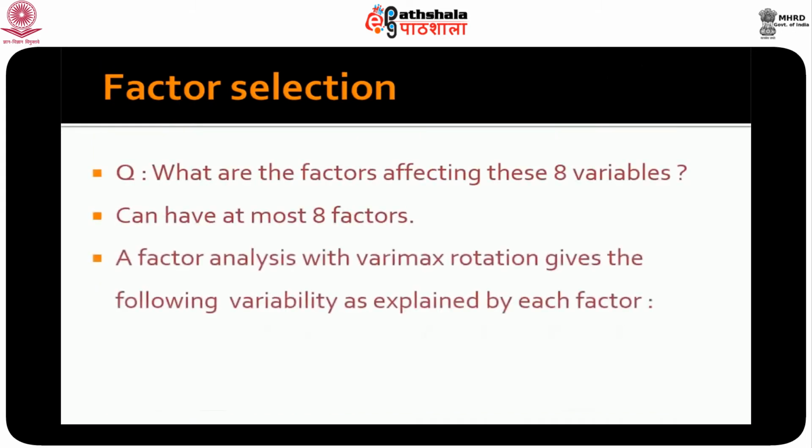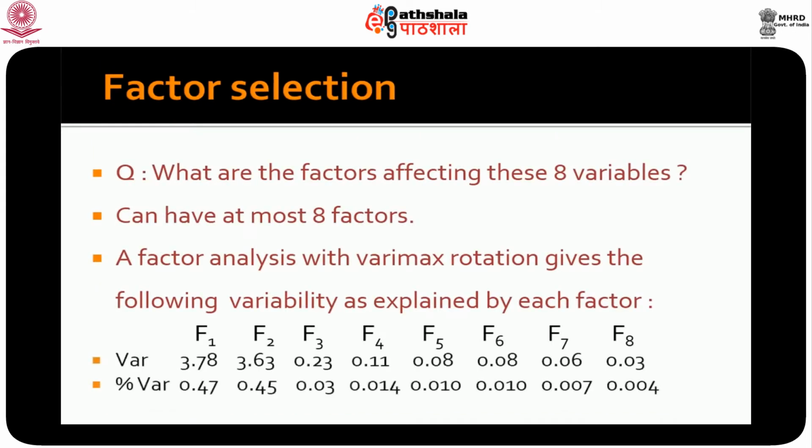Now, if we run a factor analysis model with this, and starting with all, how many factors we can have? We can have at most 8 factors. So, if we start with all the 8 factors, then we can run this regression and get a result which is shown here. And in this case, of course, we can do a rotation. In this case, we have used the varimax rotation.